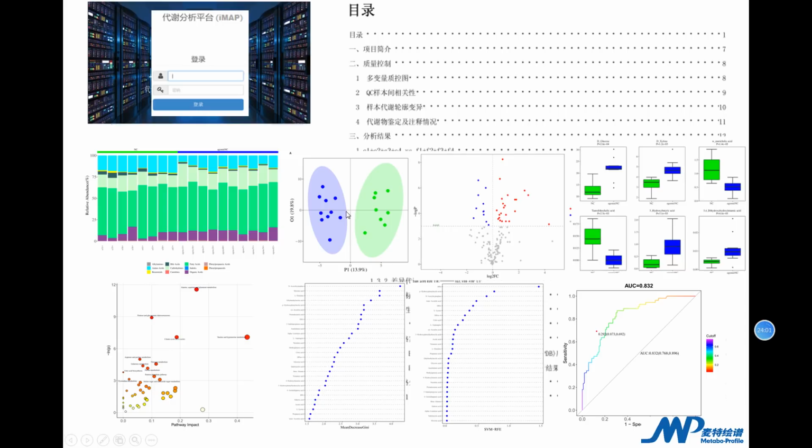And this IMAP software platform includes Chinese and English versions.